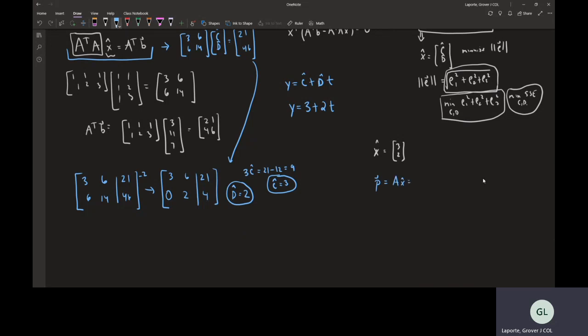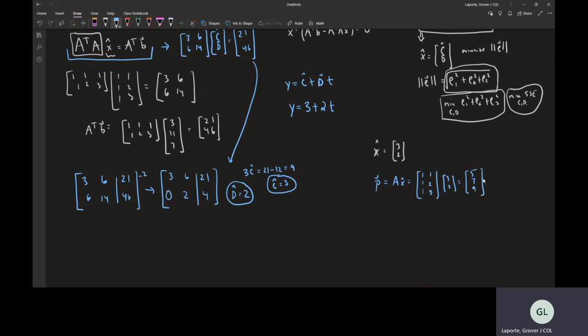And then what was A x hat? Let's just use A, which was 1, 1, 1, 1, 2, 3 times 3, 2 would equal, let's see, 3 plus 2 is 5, 3 plus 4 is 7, and 3 plus 6 is 9.